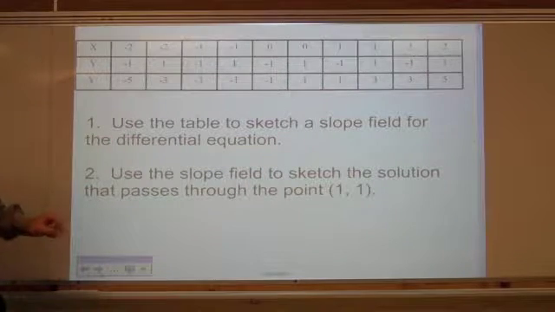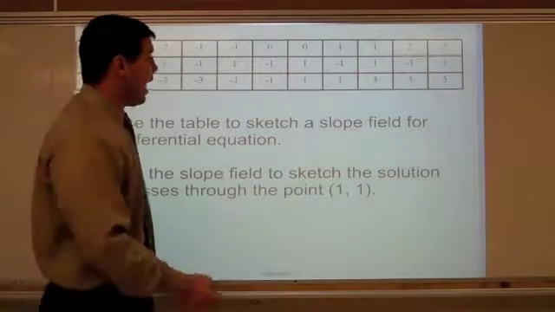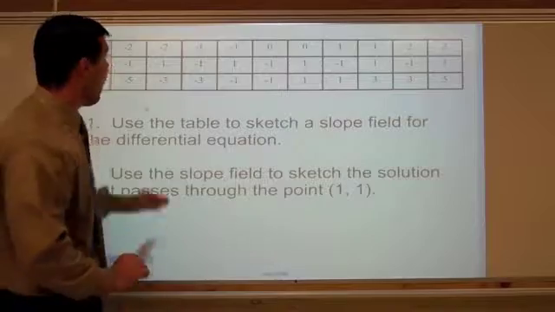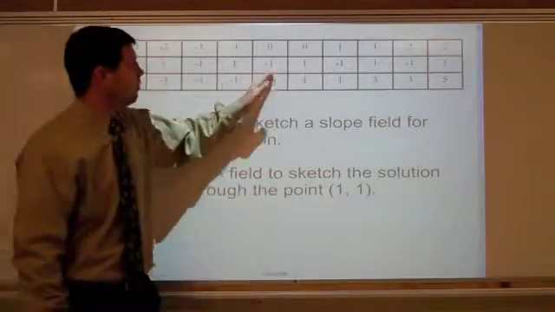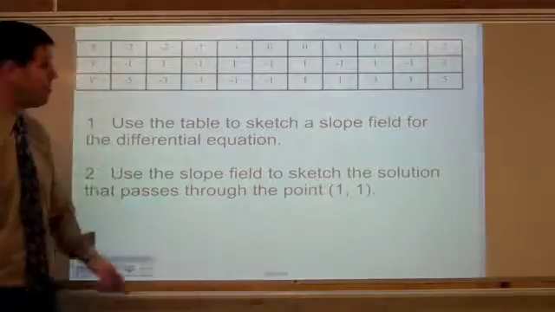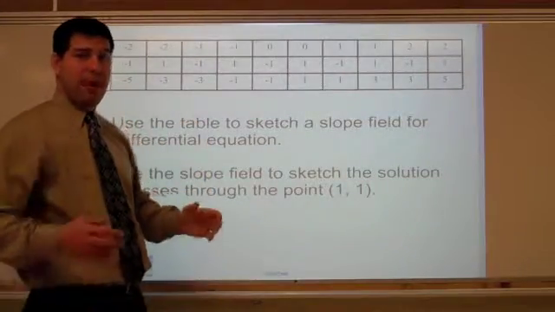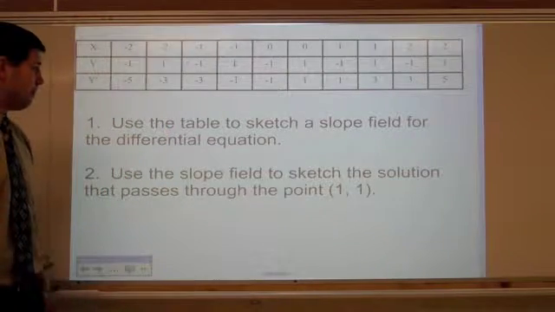Use the table to sketch a slope field for the differential equation. So again, I'd like you to pause, get out a sheet of graph paper, or just sketch a graph. Plot these 10 points and sketch small little tangent lines at each of them. So you're going to have a slope field consisting of 10 little segments.